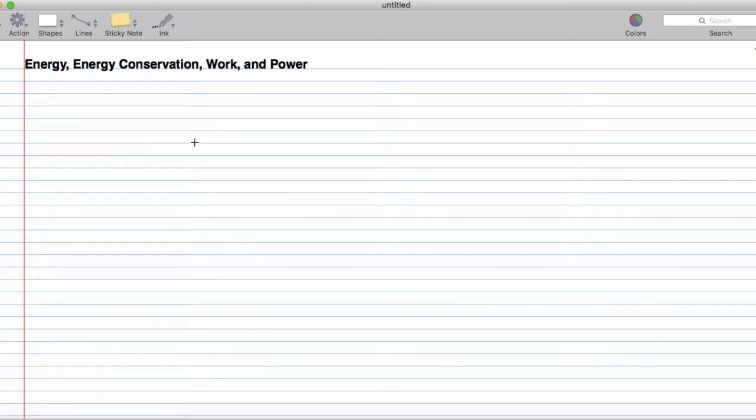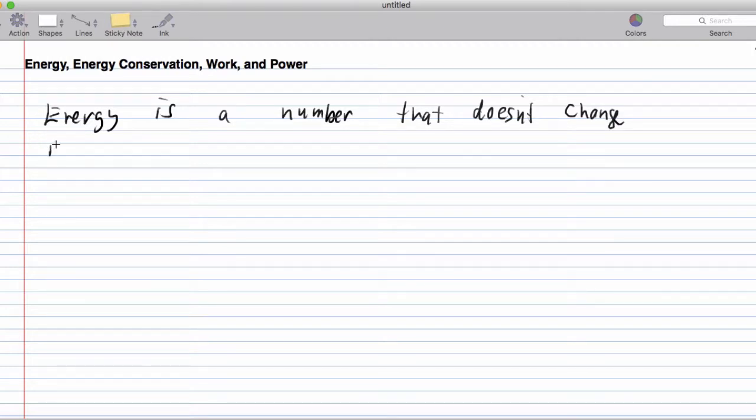So basically, for our purposes, energy is a number that doesn't change in a process and is stored in a system in many ways.